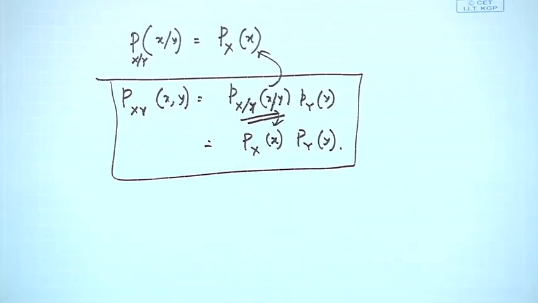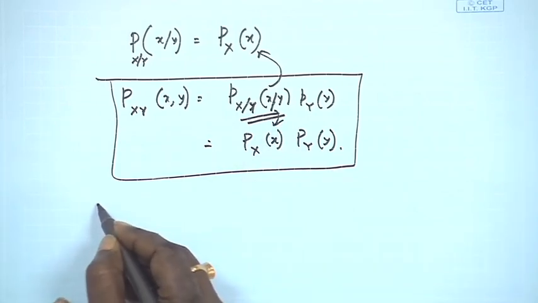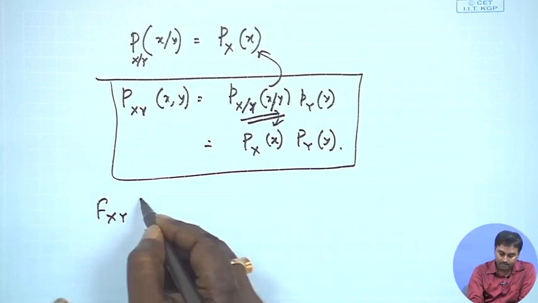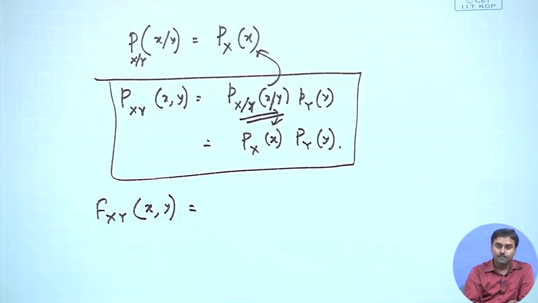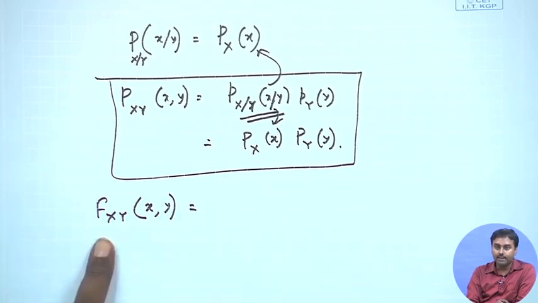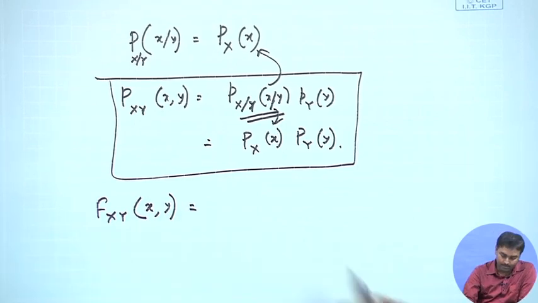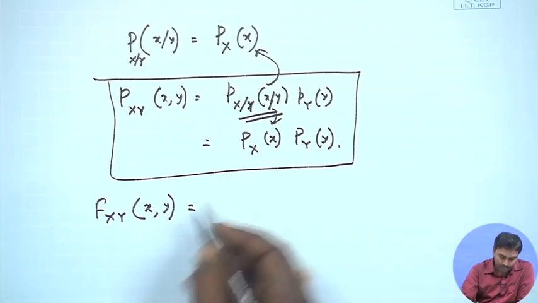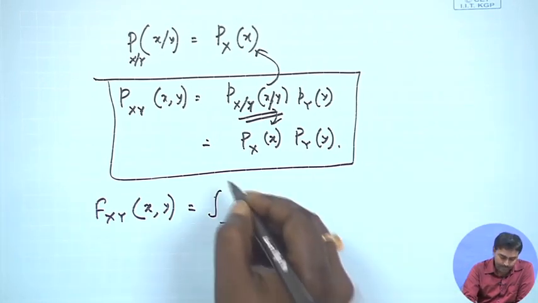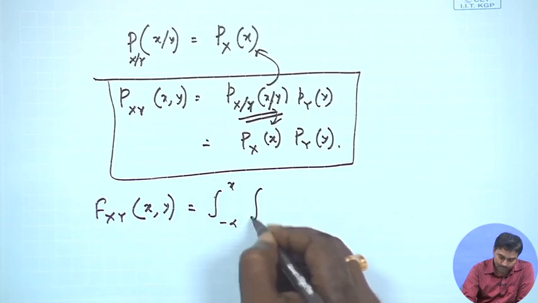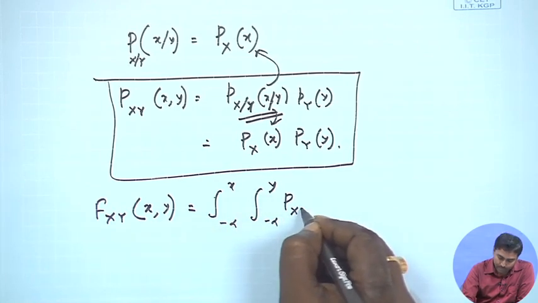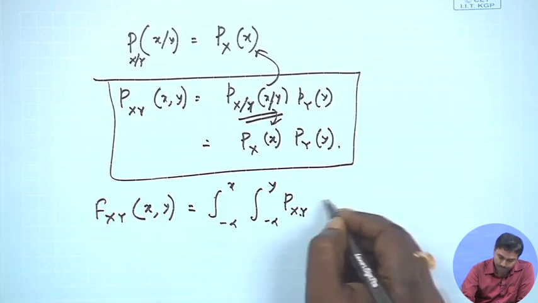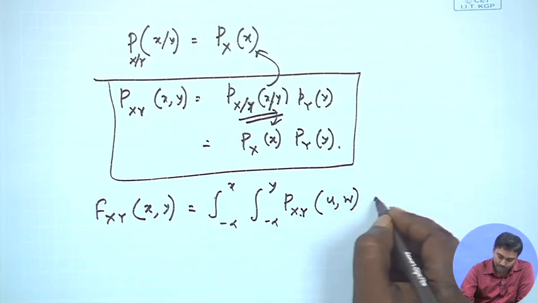And immediately we can also get into this. This is actually the CDF of the joint distribution. So, I can write this as the integral from minus infinity to x and from minus infinity to y of p x y (u, w) du dw, where u and w are two dummy variables I have taken.